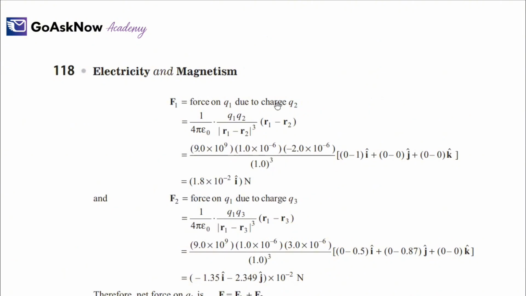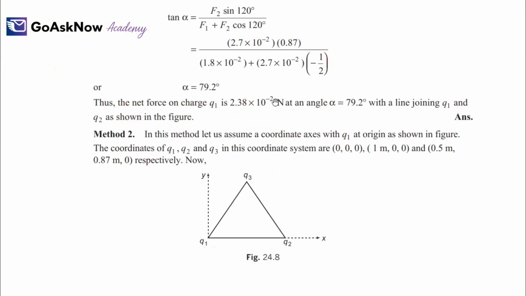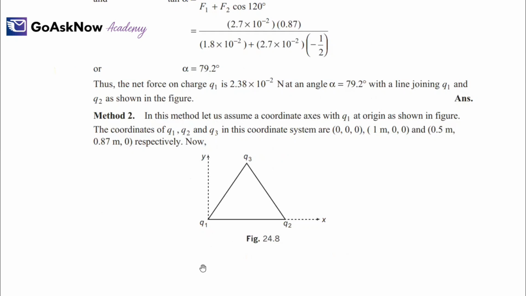See why it is coming, because you can observe here Q1 and Q2. Yes, this is the r1 position vector, this is the r2 position vector, and this is the r3 position vector. So if you have to find the force between Q1 and Q2, you must write the distance as r2 vector minus r1 vector. But why is it so?